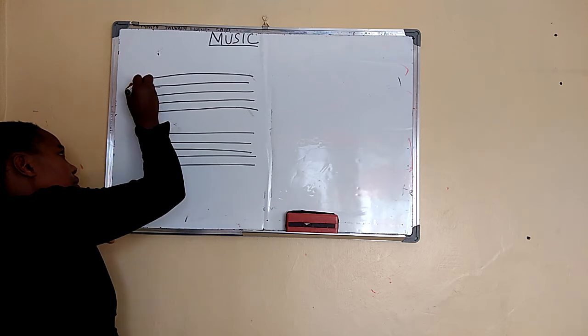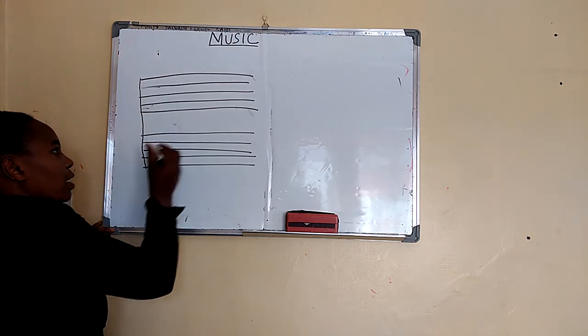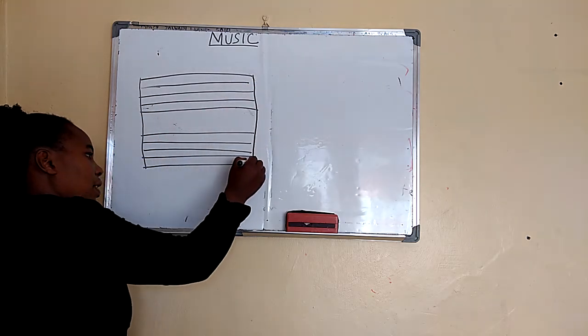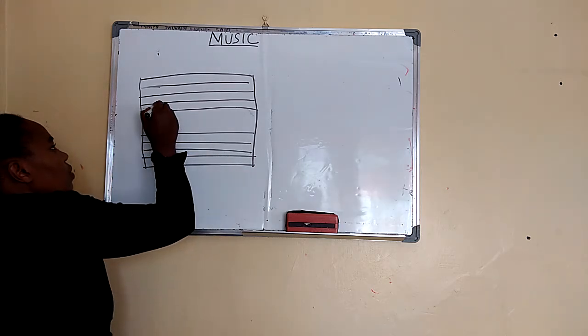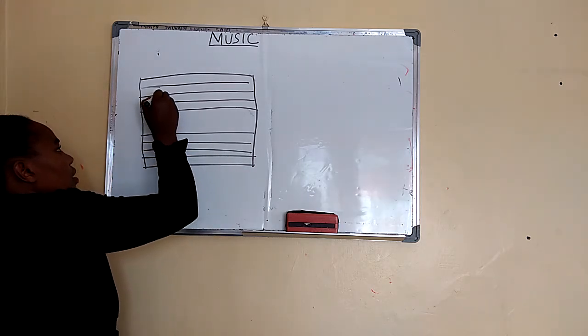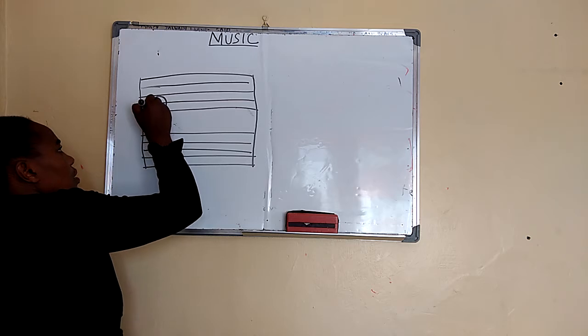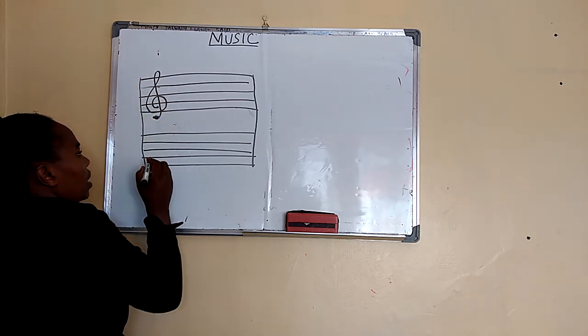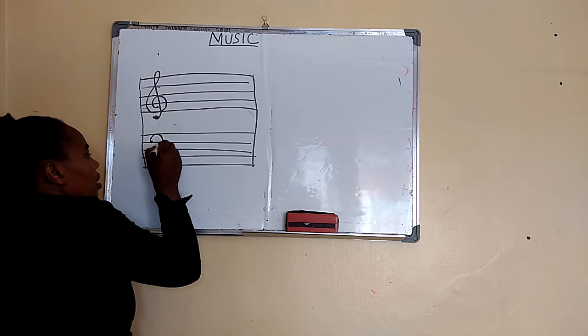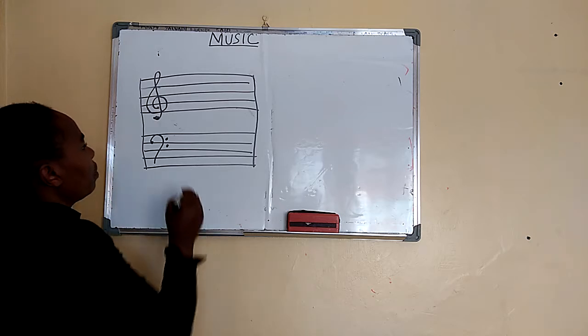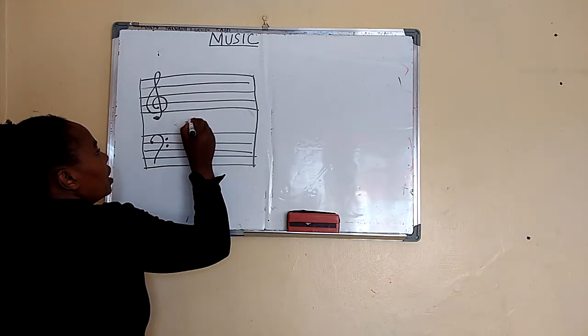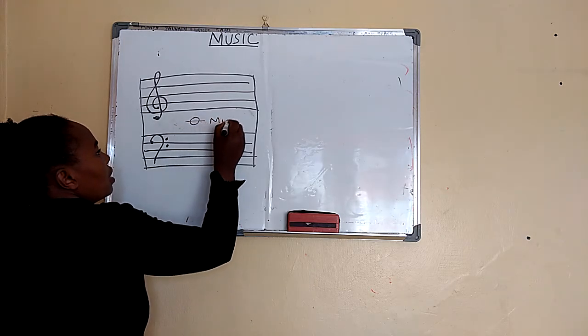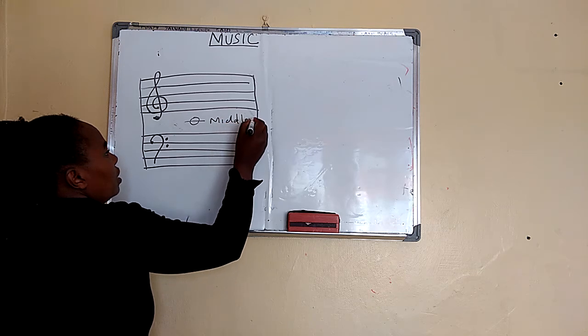So it is going to join, we draw a line up, another line there. And then this is F clef here. So here we have what we call middle C. Middle C.